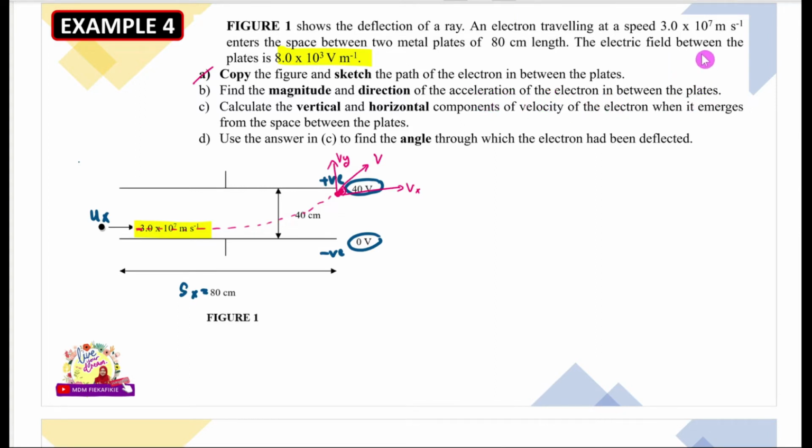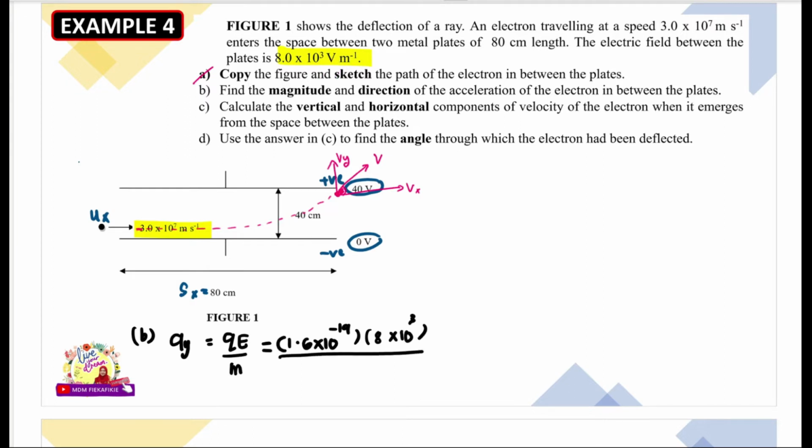Jadi bila kita baca soalan, you tengok dekat sini dia dah bagi electric field. That's why untuk jawab soalan B, kita boleh straightly use ay equal to QE over M. Kan? So the charge of this one is electron, right? So 1.6 exponent negative 19. Okay, and electric field is given. Masukkan saja nilai dia. And the mass of the electron. Jangan tersilap pilih pula. Jangan masukkan mass of proton pula. Baca soalan elok-elok.